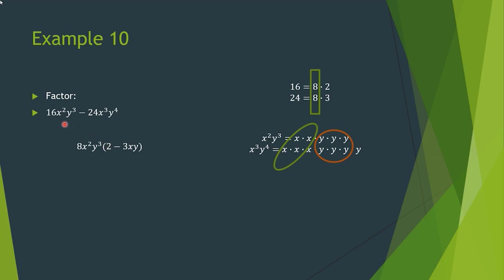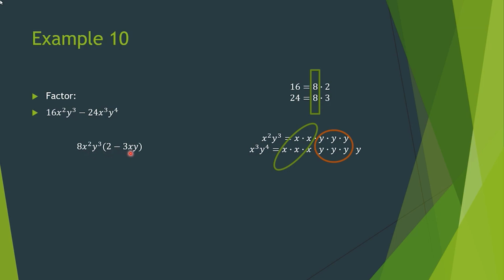You can also divide. So 16x squared y cubed divided by 8x squared y cubed. All those cancel. You're left with 16 over 8. That simplifies to just 2. So you can divide as well.